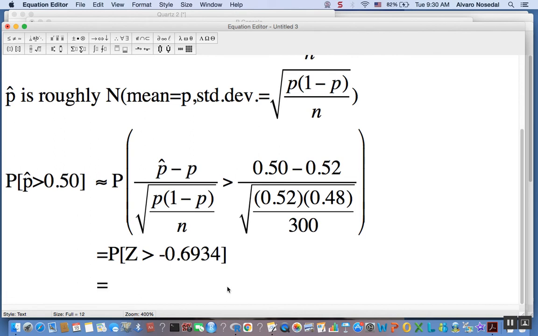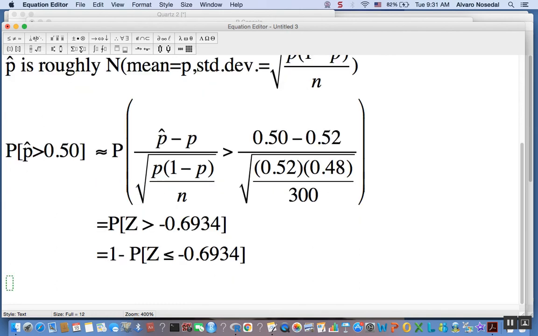So this would be the same as 1 minus the probability that the normal 0, 1 is less than or equal to this, right? Agreed? Just by basic properties of probability, right?